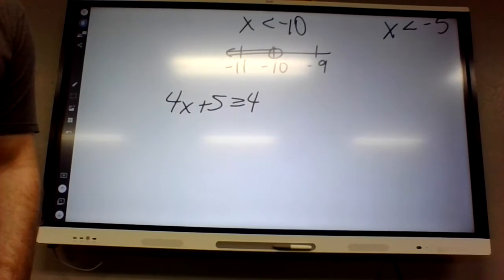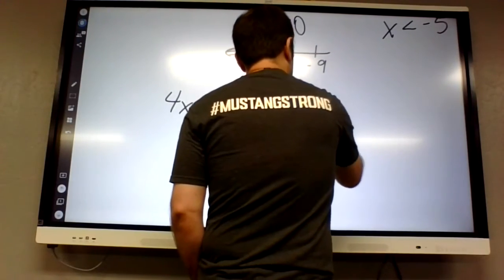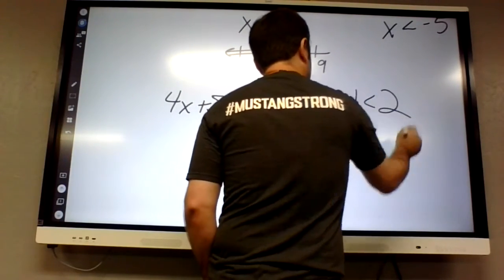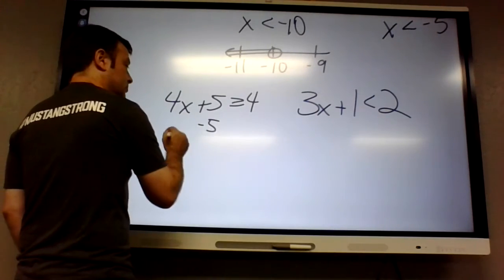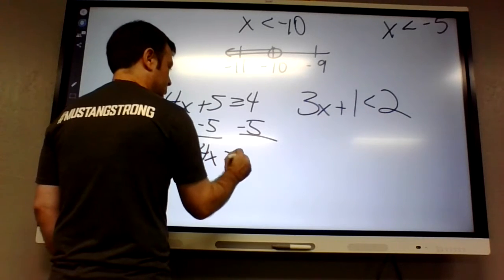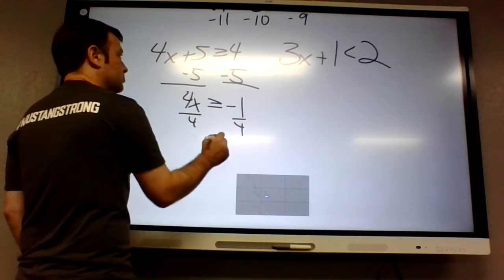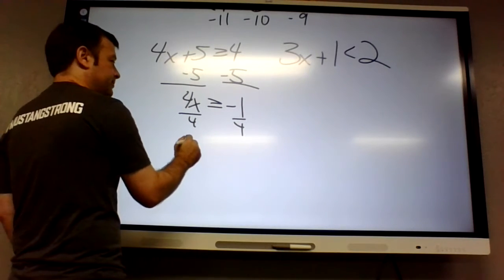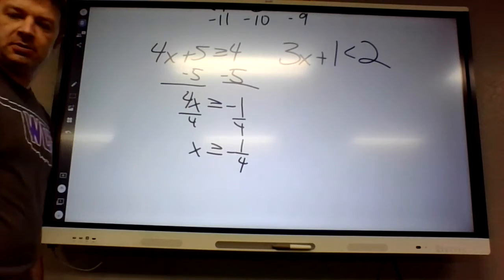Yeah, I just copied it down. 3x plus 1 is less than 2. Did I copy it right? Sometimes I copy the wrong thing down.